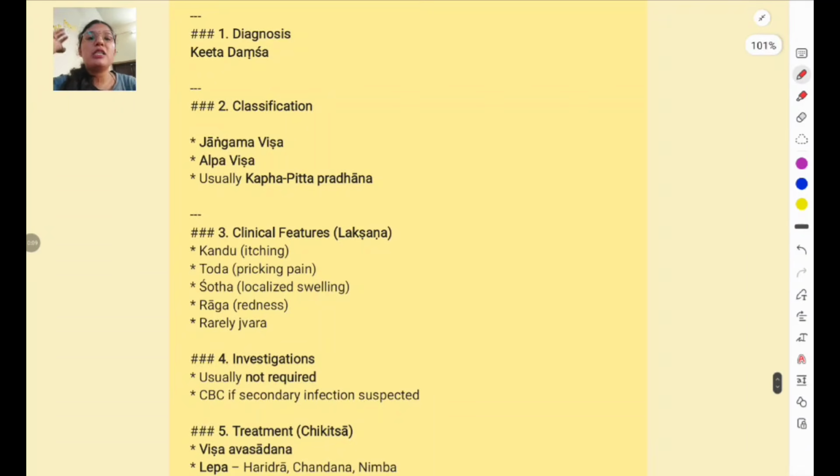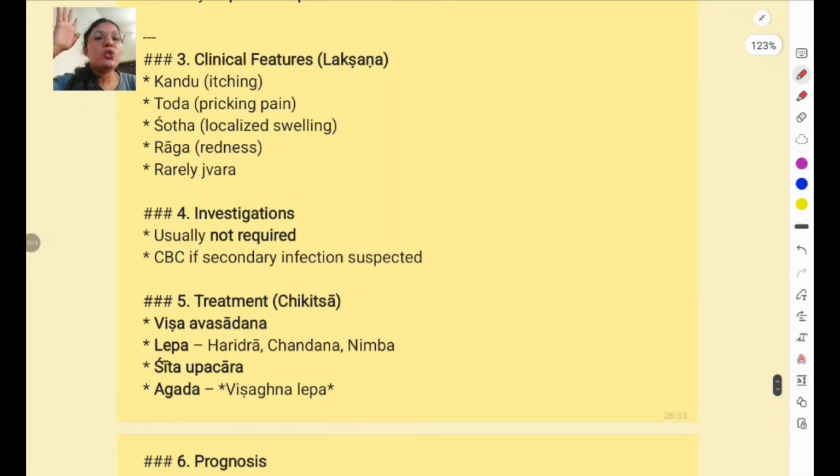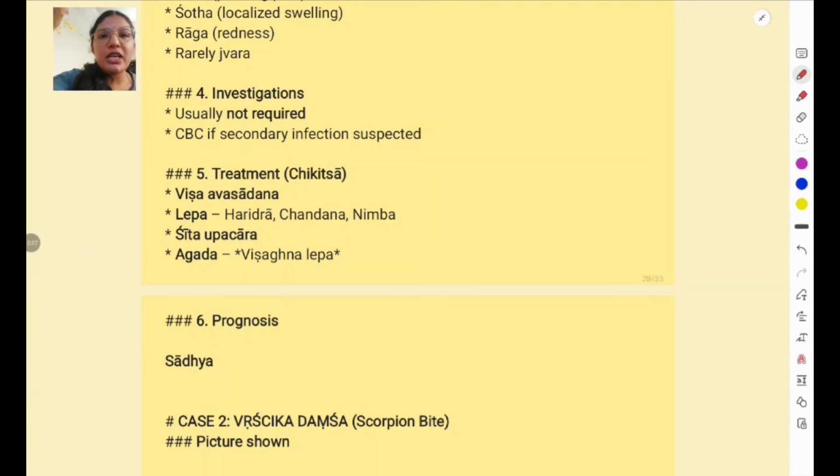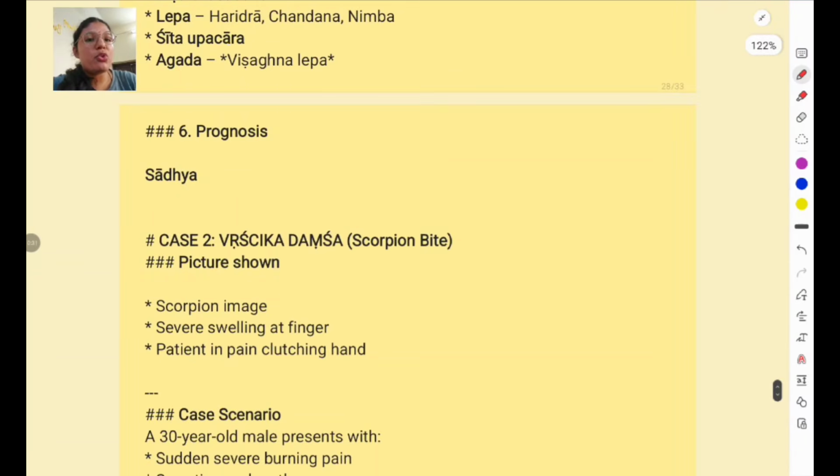Classification: it comes under Jangama Visha and Alpa Visha, usually Kapha Pitta Pradhana. Clinical features are Kandu, Toda, Shodha, Raga, rarely Jvara. Investigation is generally not required, but CBC if secondary infection is suspected. Treatment will be Visha Avasadhana, Lepa, Shita Upachara or Agada, Vishaghna Lepa, and symptomatic relief can be given according to symptoms. Then you can write the prognosis.